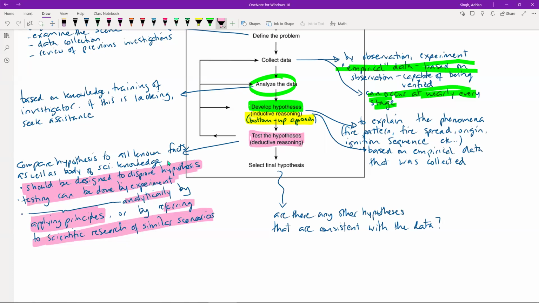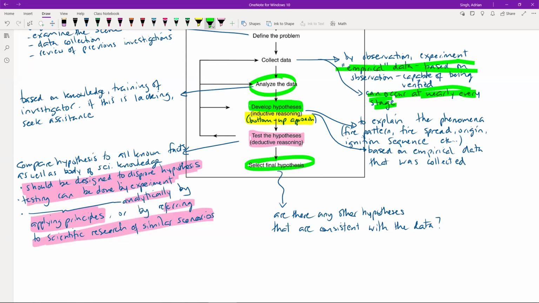And then finally, after we've ruled out all of the possible hypotheses that couldn't lead to the cause of the fire, for example, we're going to select the very final hypothesis. Selecting that final hypothesis is the last step in this process. And really what we're trying to figure out here is, were there any other hypotheses that were consistent with the data? And if there is, then we're actually not done.